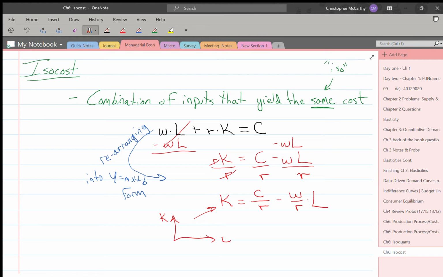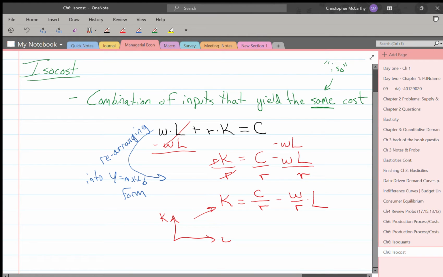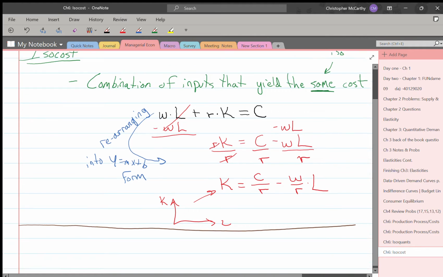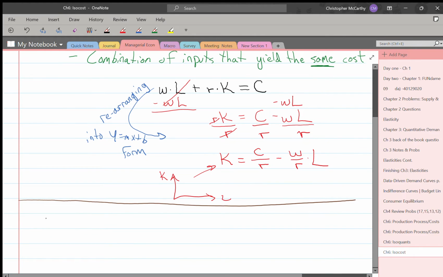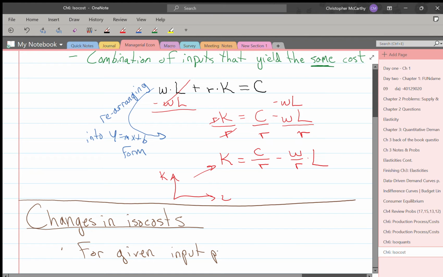All right, let's talk a little bit about changes in our isocost. So, for given input prices, what are our input prices represented by?